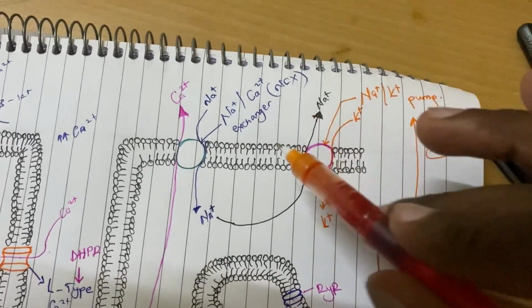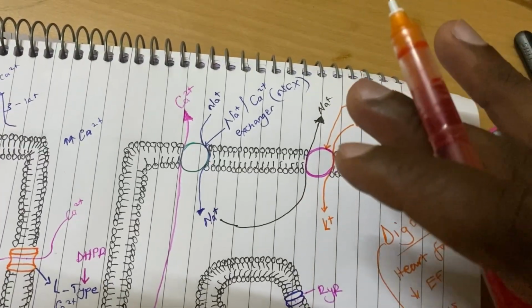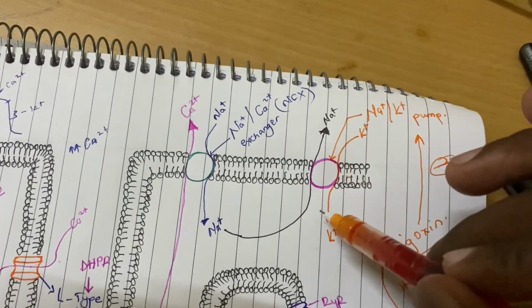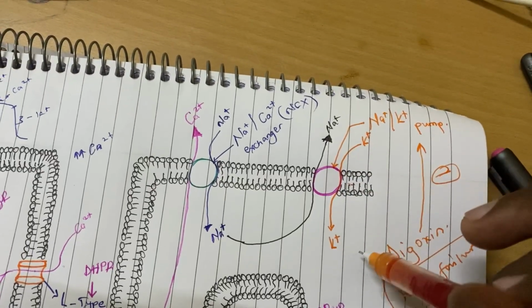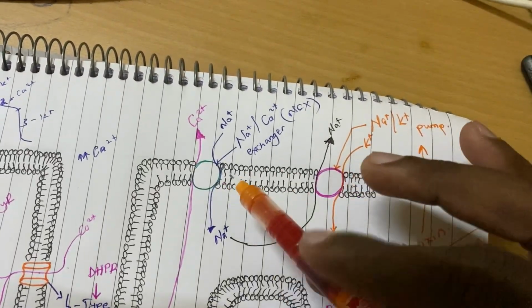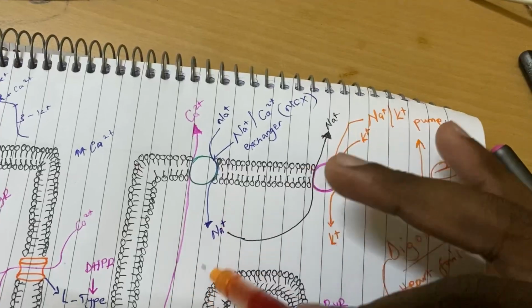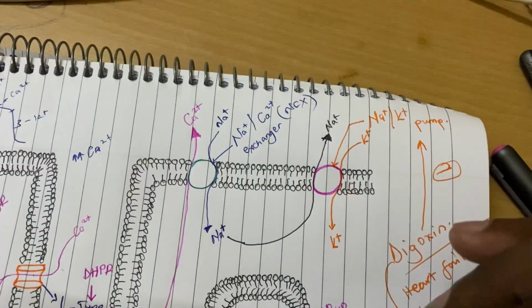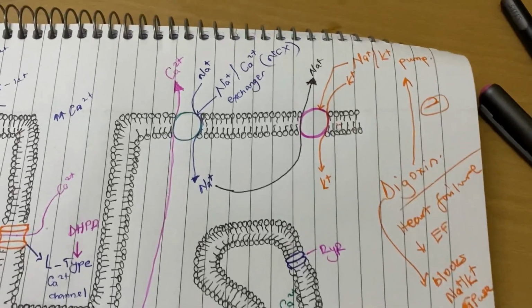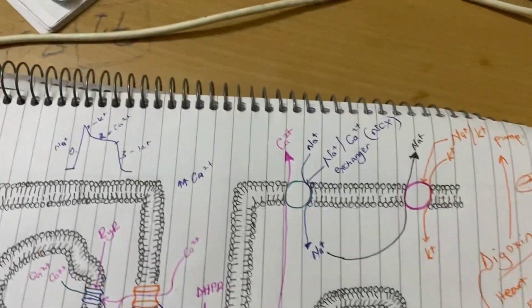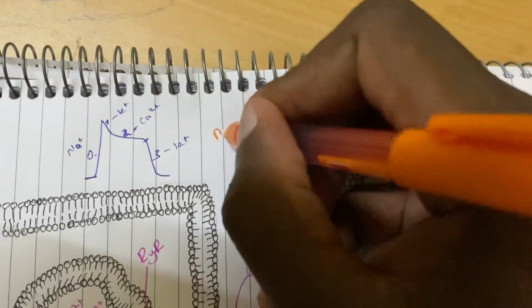So in the culprit region, the cells will have non-functional sodium potassium ATPase, and all of them will have an increased concentration of calcium inside. When calcium inside increases because of ischemia, it contributes to something called reperfusion injury.